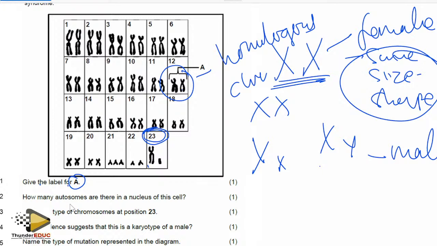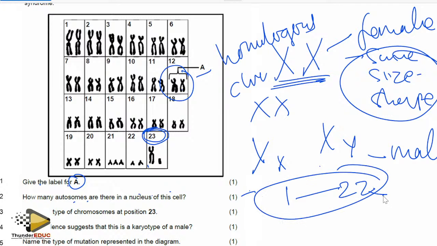How many autosomes are in this nucleus? Autosomes are counted from pair number 1 to pair number 22. But how many chromosomes? Remember, they are in pairs, so they're asking how many chromosomes.